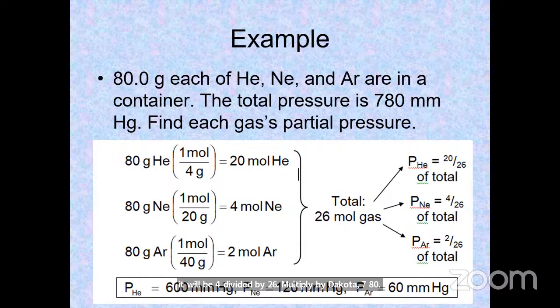And for argon, it will be 2 divided by 26, multiplied by the total, 780. So each of them, if you press your calculator, these are the values at the bottom. You have the helium having the highest partial pressure, followed by neon, and then argon with the least pressure. So that is just trying to tell us the higher the number of moles, the more partial pressure that gas will exert in a mixture.